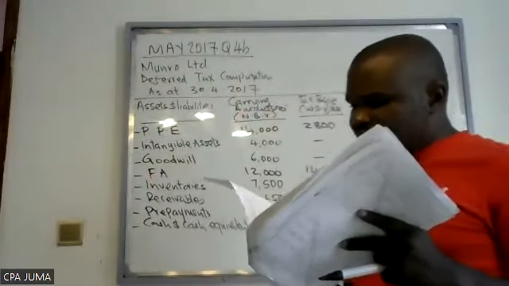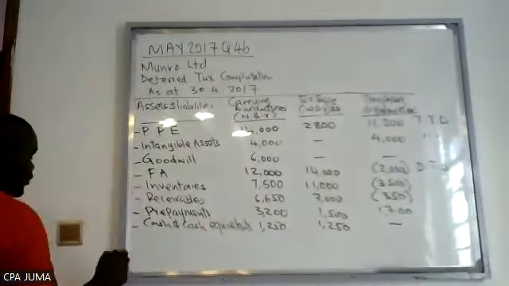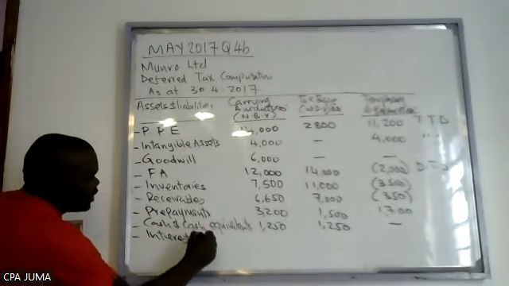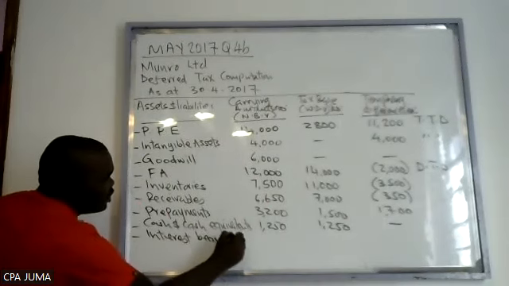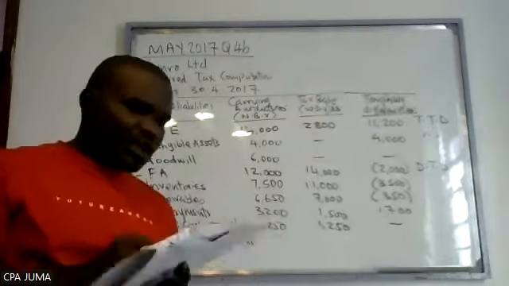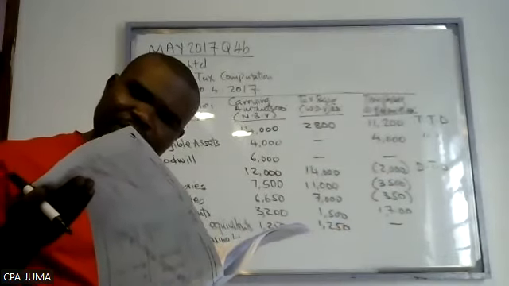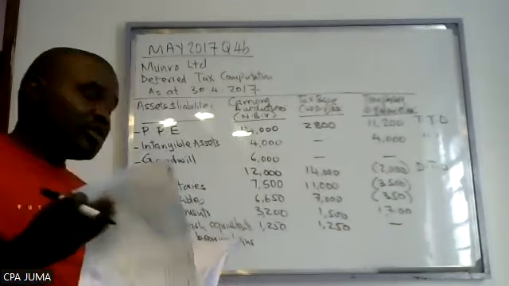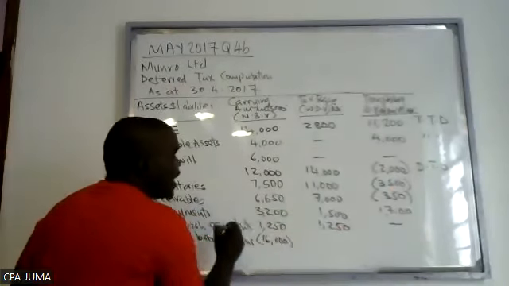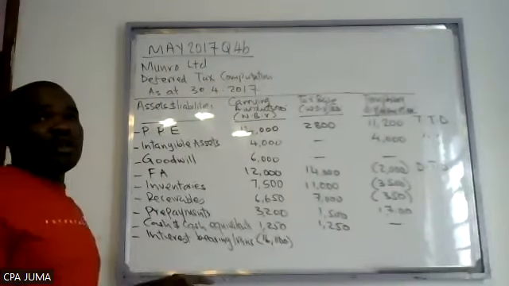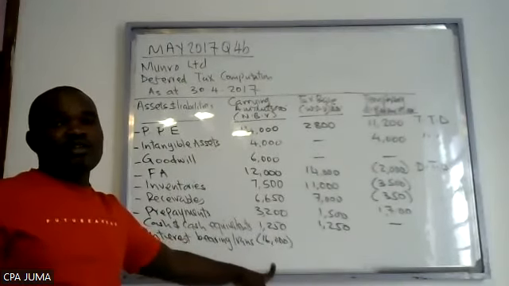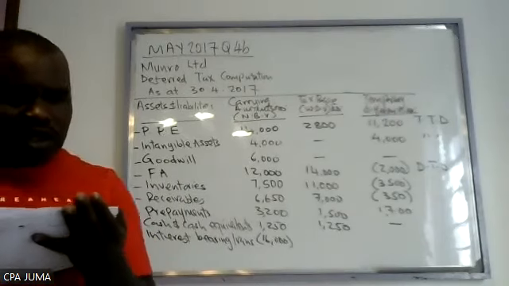So let's go to non-current interest bearing loans. That's a liability. The book value has been given as 16,000. This is a liability. You cannot add liability with the assets, so have the liability in brackets. Thank you for understanding that.